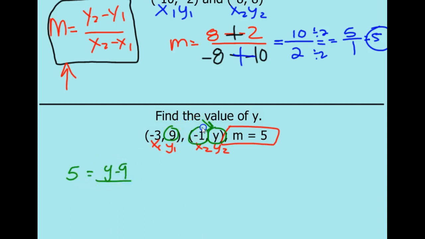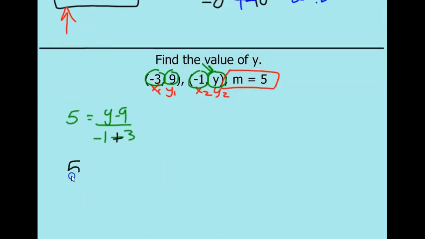On the bottom, x2 minus x1, so negative 1 minus a negative 3. Again, those 2 negatives make a positive. And we can simplify this. y minus 9 we can't simplify, but negative 1 plus 3 is really 2.